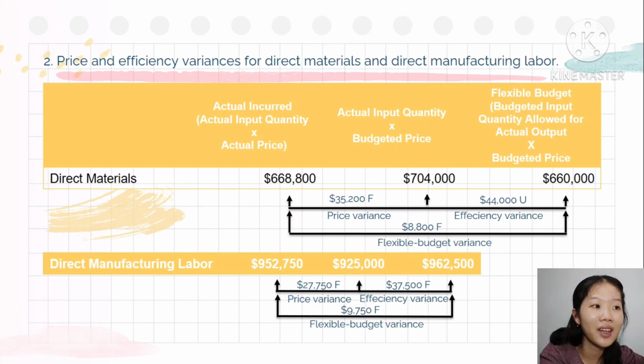By calculating the flexible budget, we can know the gap between the actual amount or the revenues of the actual with the budgeted revenues for that year. In this case it is the Tuscan Statue for 2011.